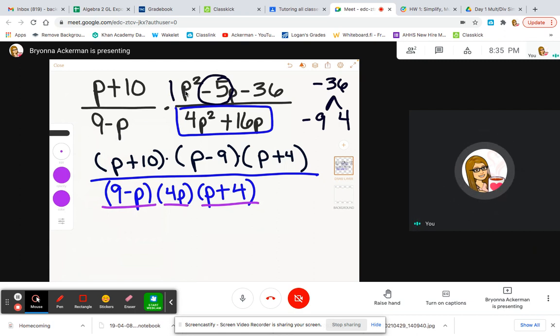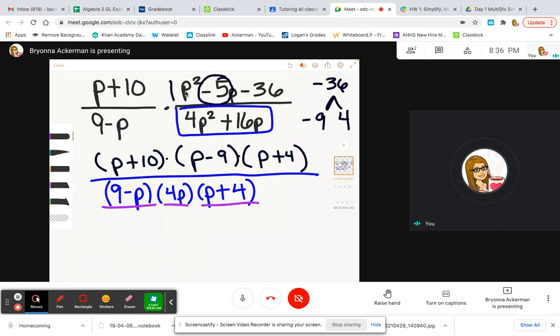Because if this turned to 0, then we'd have 0 times whatever, but 0 times anything is 0. And so it doesn't matter which one of these ends up being 0, you would have a problem because you would have an undefined function.